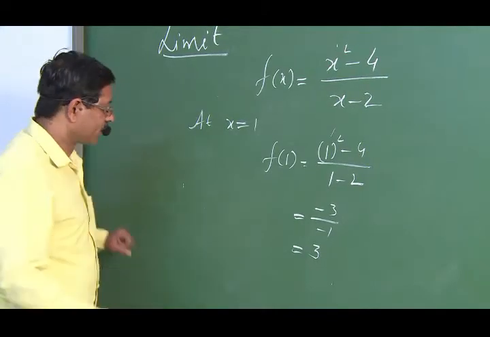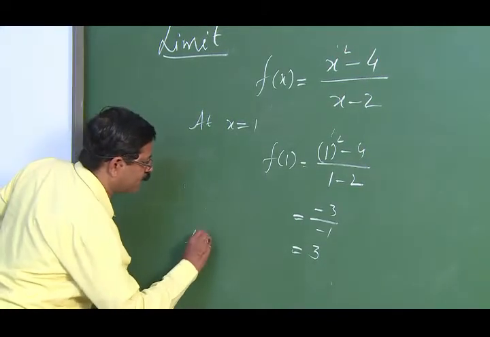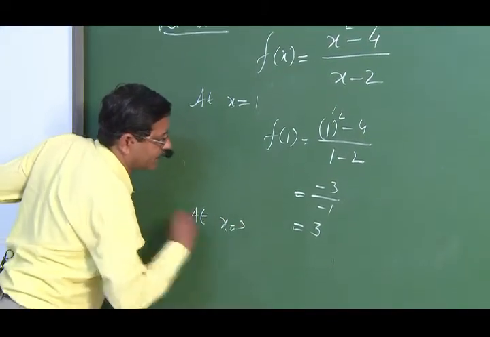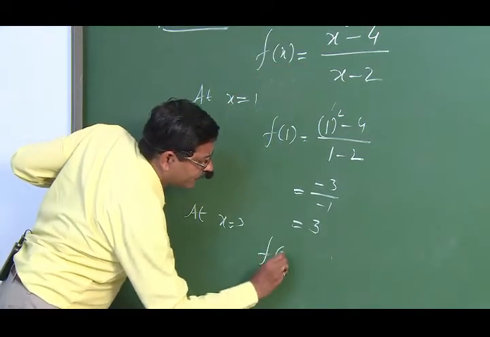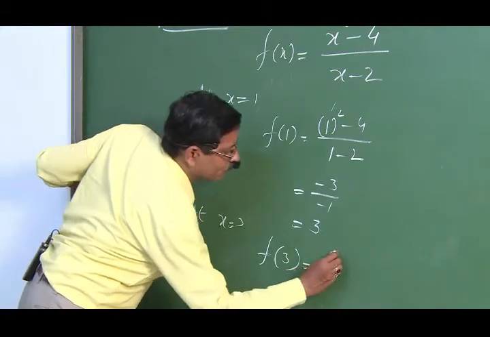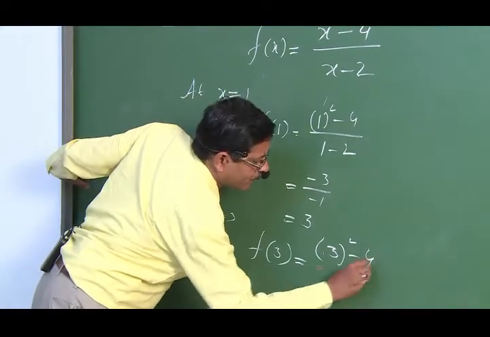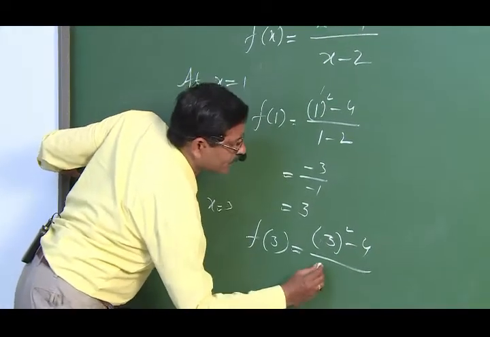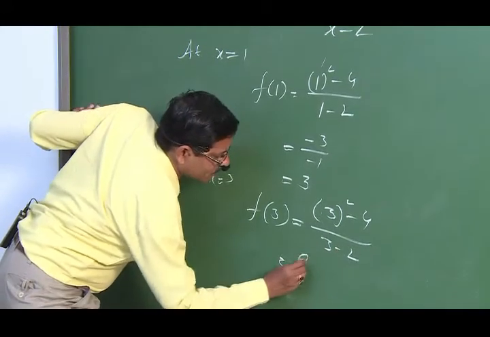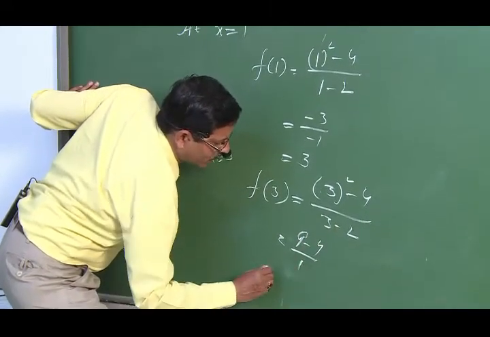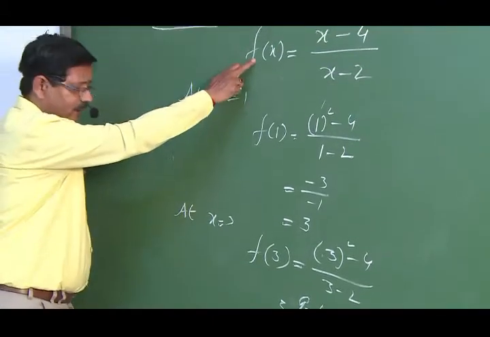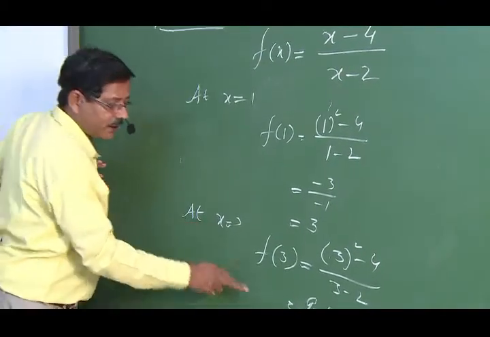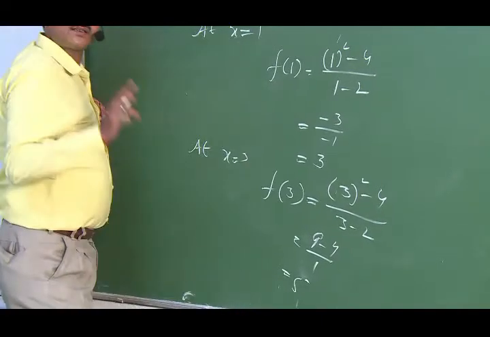Okay, now take another point at x is equal to 3. Now put x is equal to 3 here, you will get f(3), which is (3 square minus 4) upon (3 minus 2), which is (9 minus 4) upon 1, which is 5. So the value of the function f(x) at x is equal to 3 is 5, which is unique.